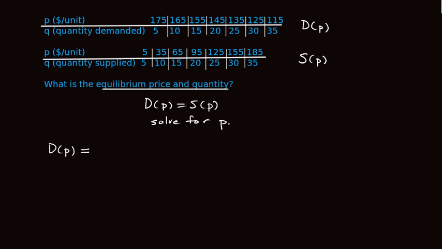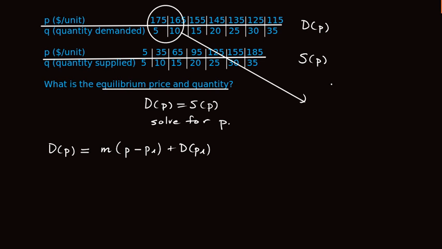So the demand function by the point slope formula is going to be the slope times p minus p1 plus D of p1. Okay, so we need to figure out the slope. So we'll take these 2 points and we'll figure out the slope. So we're going to have the quantity demanded, 10 minus 5, divided by 165 minus 175.